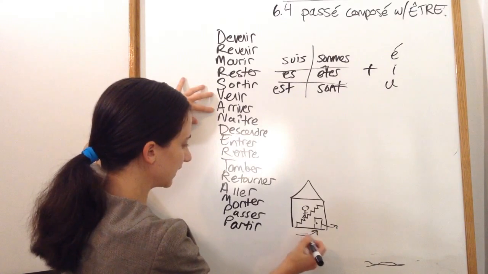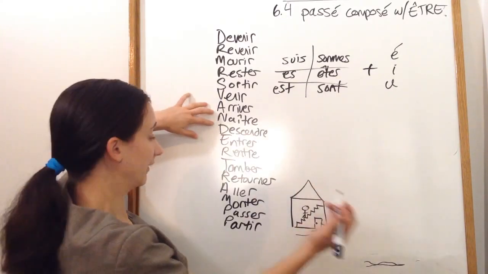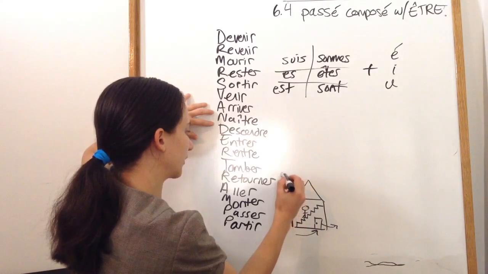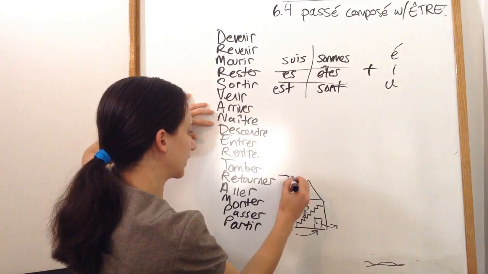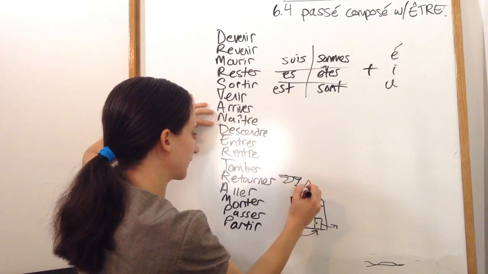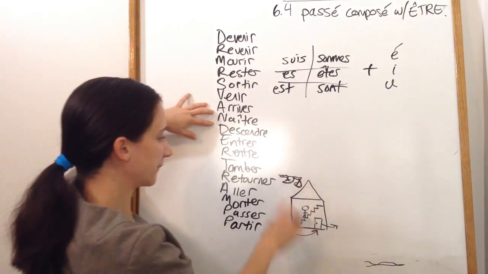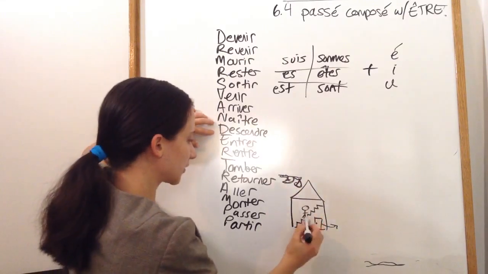They're arriving, again, arriver, arriving at the house. They're being born. Let's just put a little stork here, with the baby. I don't know what a stork looks like. It has wings. Okay, the baby being born.